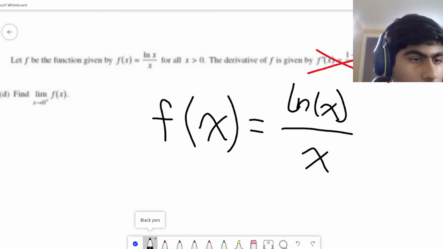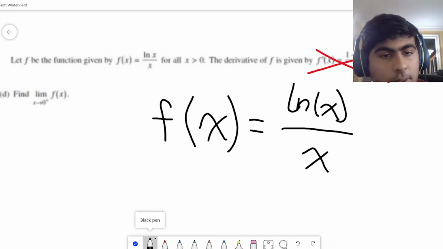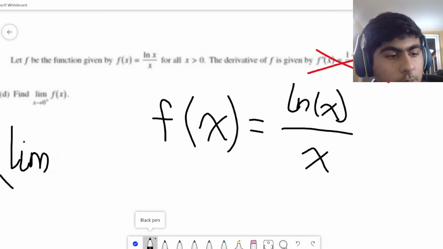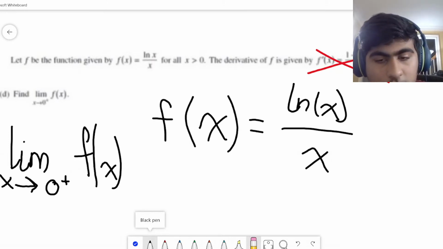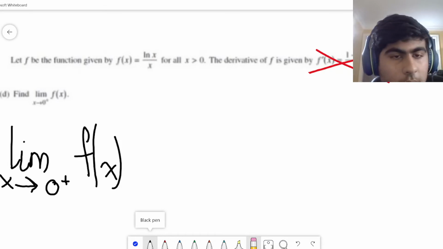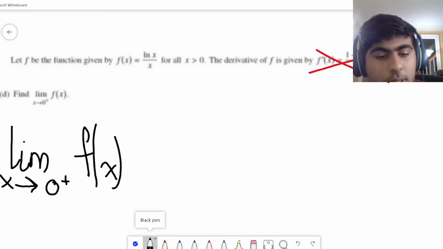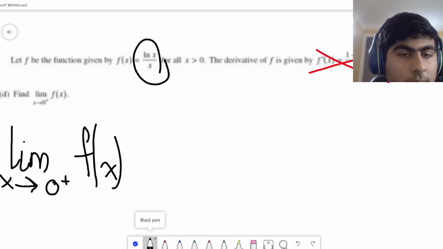And they're asking for the limit as x approaches 0 from the positive side of f of x. So we need to find ln of x over x as it approaches 0 from the positive side. Okay, let's think what we have here.